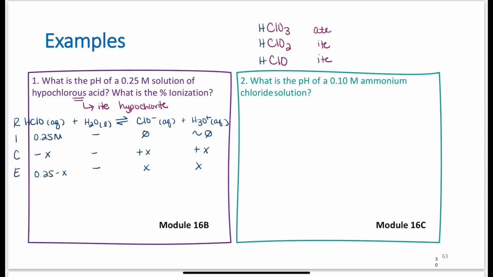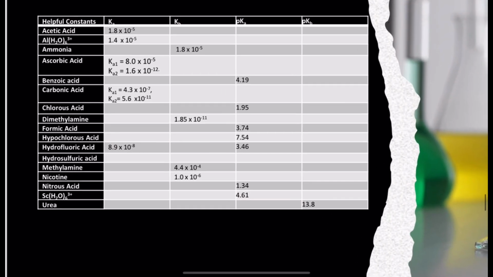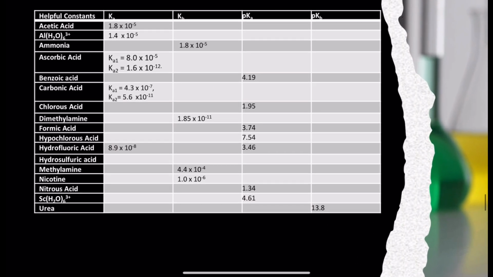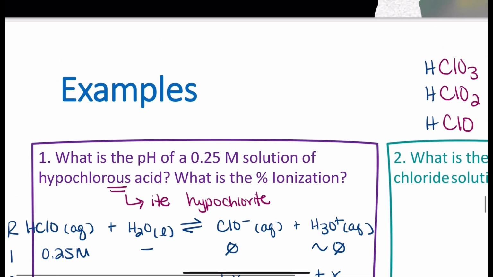Now I will need a Ka value here. In the table up here, I need to look up hypochlorous acid. And let's see, I didn't make things easy on us. I gave us hypochlorous acid as a pKa value. So that means I need to undo that pKa value to actually solve the question. I'm going to do that up here.